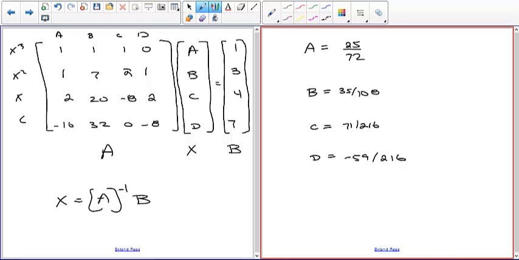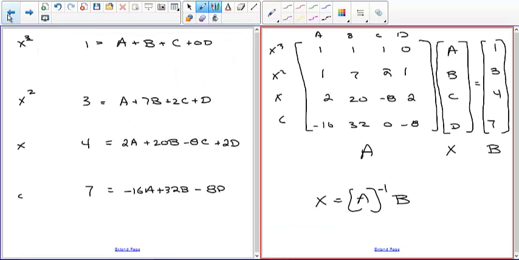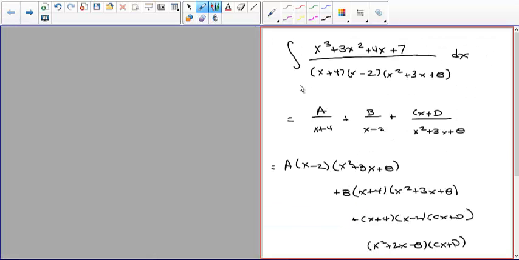Okay, so now back to the problem of the day. So now that we have these coefficients, let's go back and look at what it results in. So this is what we're going to do.